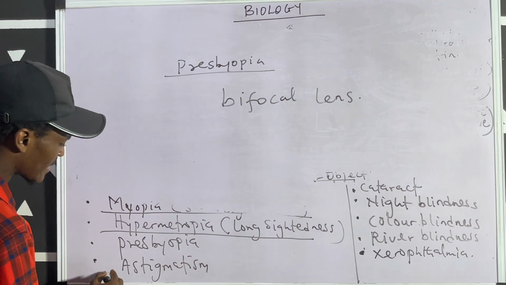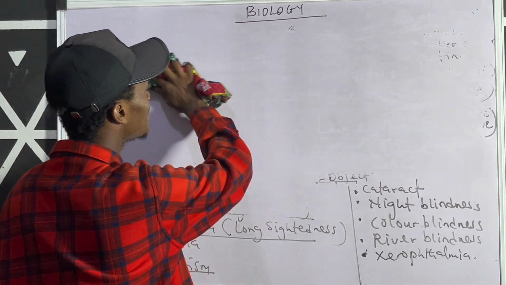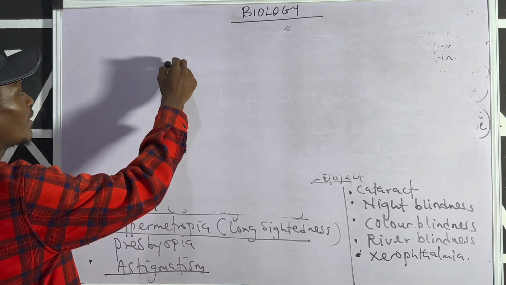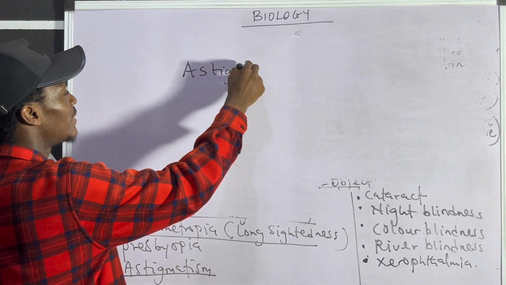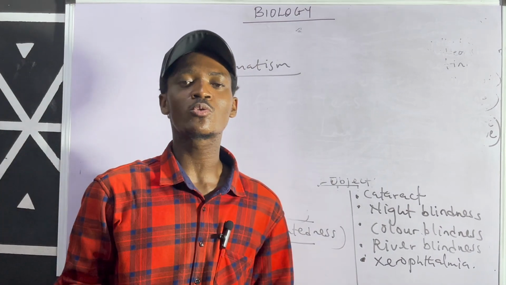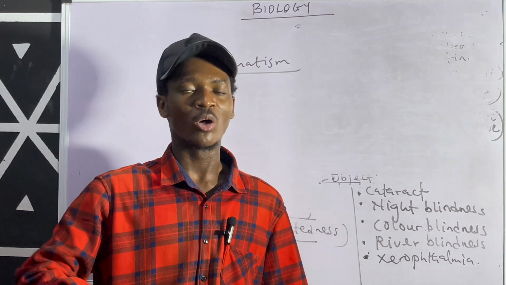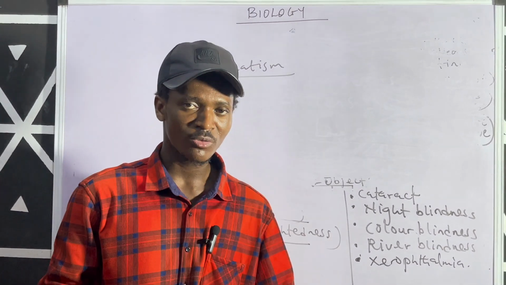Alright, so the next is astigmatism. Now, astigmatism is simply an eye defect that is caused due to the uneven curvature of the cornea or the lens, or both.